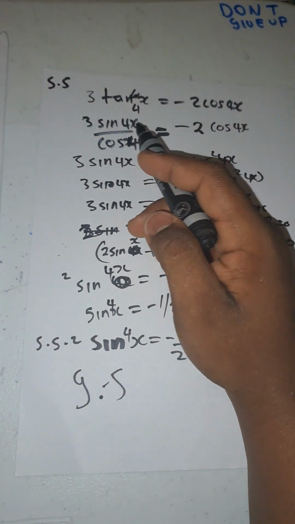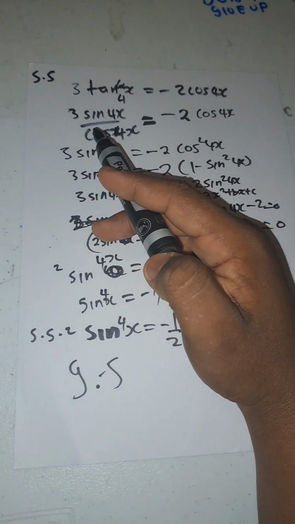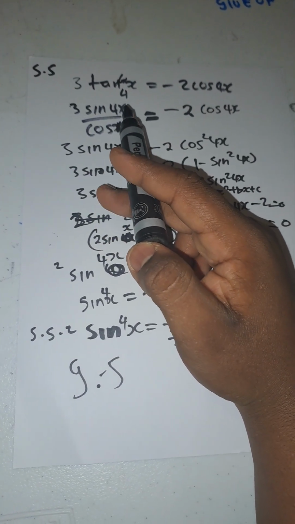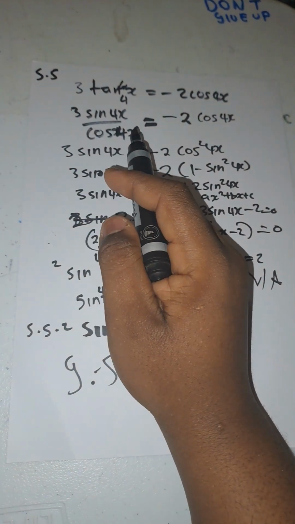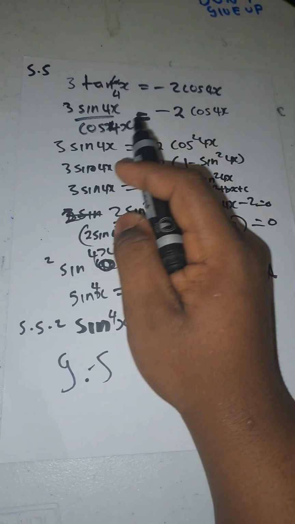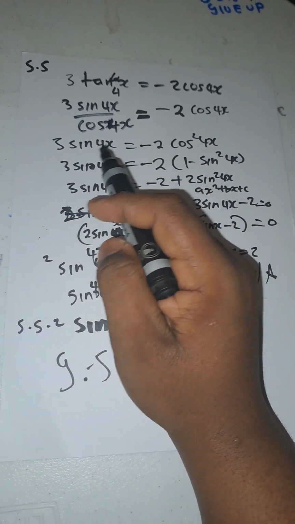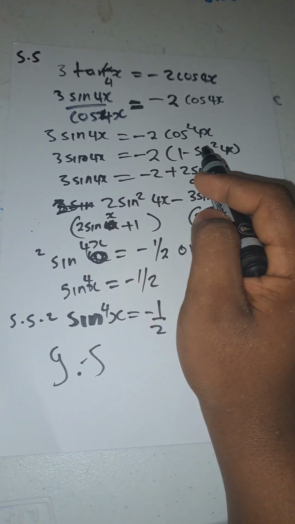So they said 3 tan 4x is equal to minus 2 cos 4x. Now I'm going to put tan in its simplest form. So it's going to be 3 sine 4x over cos 4x is equal to minus 2 cos 4x. So I'm going to cross multiply. It's going to be 3 sine 4x is equal to minus 2 cos squared 4x.